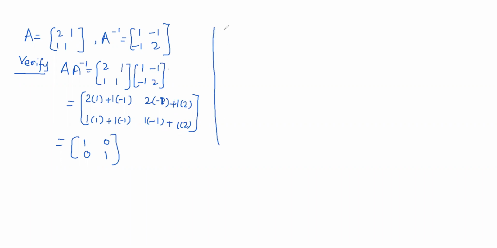Okay, so for a 2 by 2 matrix, we have the inverse formula as well. As I tried to derive previously, but due to some mistake, I could not derive it. But anyway, you can check it later on.